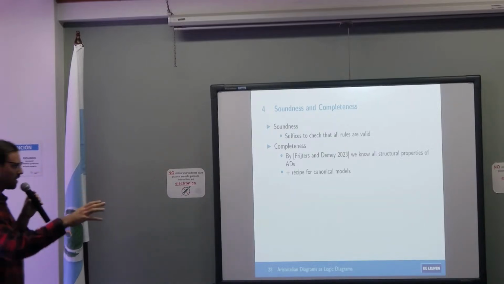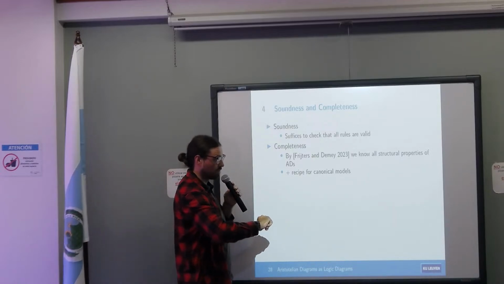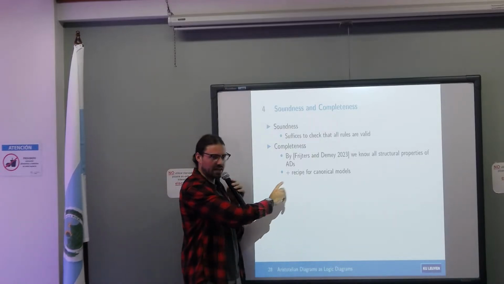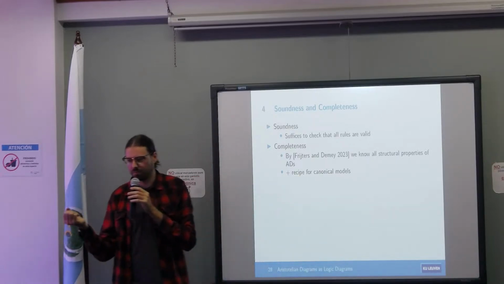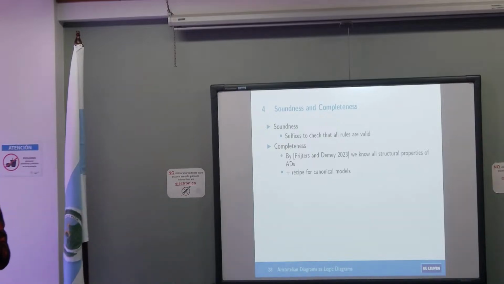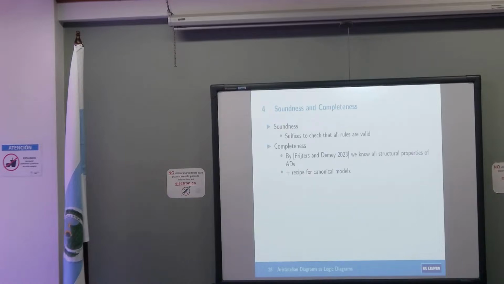So if we have just a diagram, just some formulas with solid lines, dashed lines, and arrows between them, then with this recipe we can give a logic and a fragment that would give that diagram, and we can use this recipe to construct canonical models. And with this canonical model construction, we can prove completeness. I won't go into the details. It's a bit long and a bit boring for a presentation. But it's nice to see that the system is sound and complete.